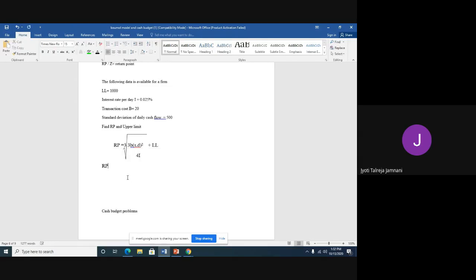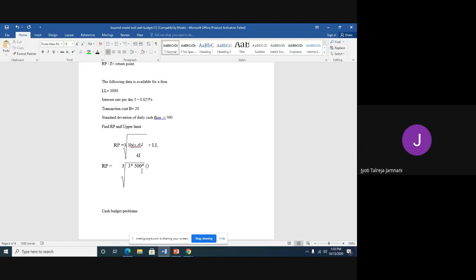Let's write RP is equal to the cube root of three into B. What is the value of B given in the problem? 500 into standard deviation square.